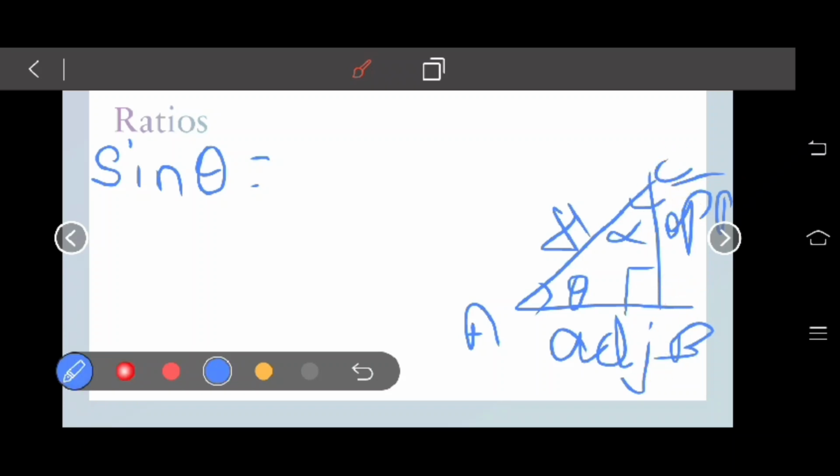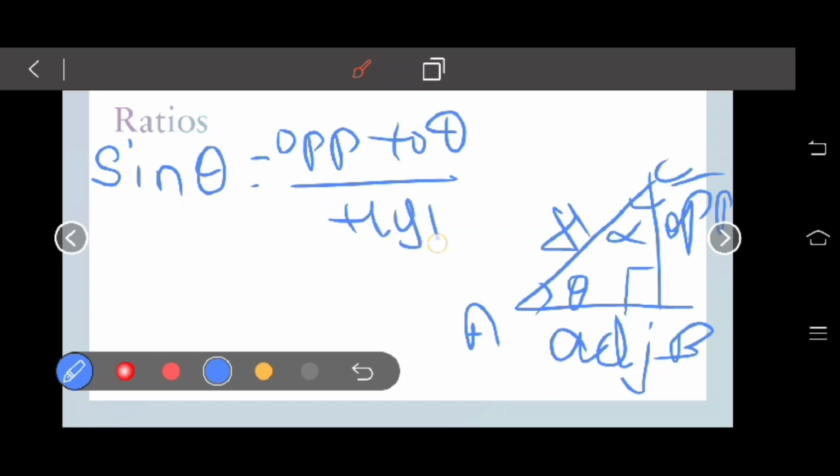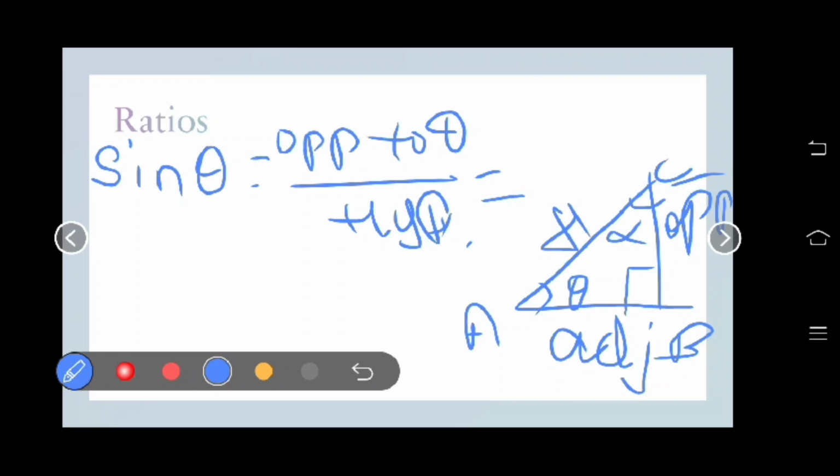So let's write opposite to theta by hypotenuse. What is opposite to theta? CB by AC. CB by AC. This is how you derive it.